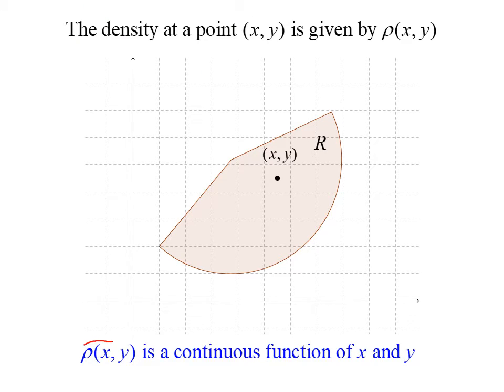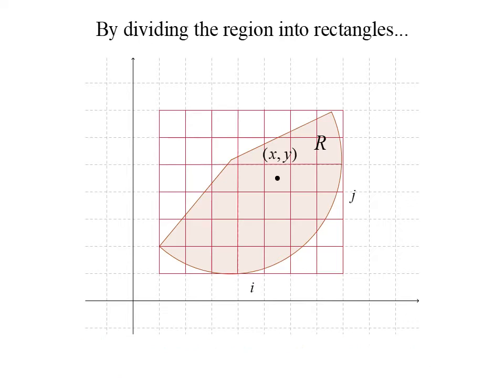The traditional symbol for density is the Greek letter rho, so we will consider rho, the density, as a function of x and y. So the density of an object depends on the xy location on the object.